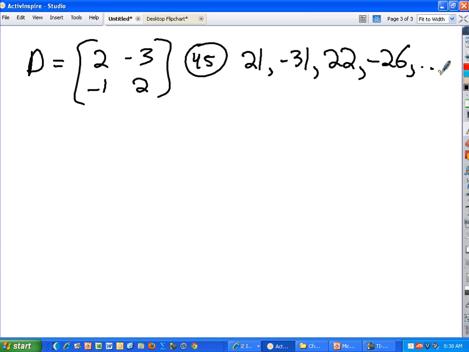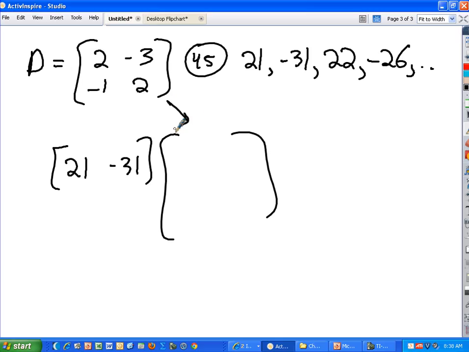So we need to use its inverse to decode it. What we want to do then is multiply 21, negative 31 times the inverse of D. Well, real quick, what is the inverse of D? Let's just find that. 2, 3, 1, 2 is the inverse.